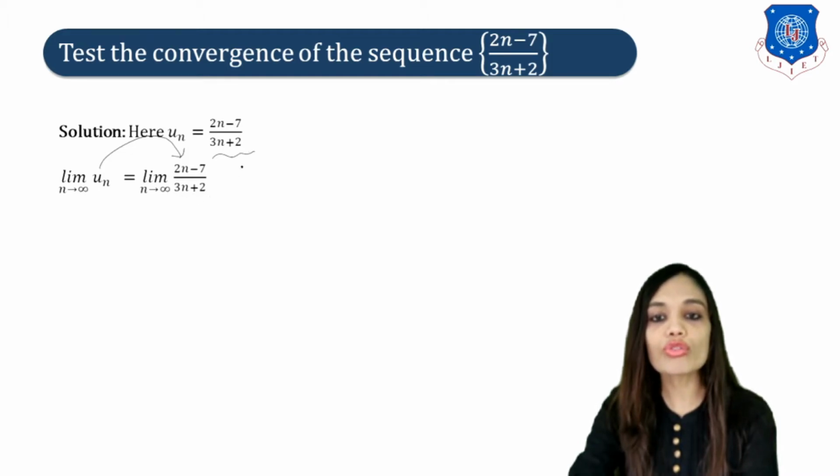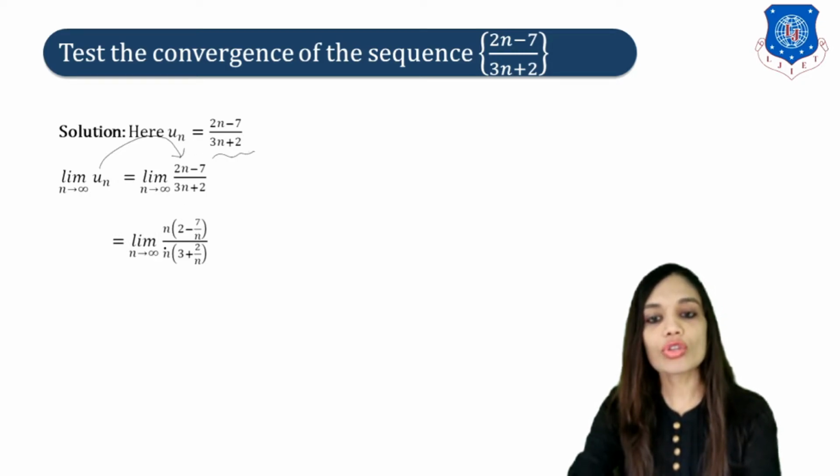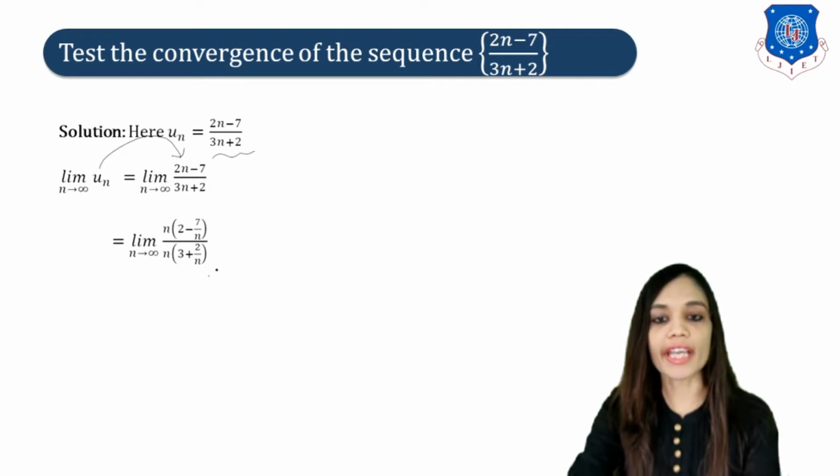Now in order to evaluate the limit, we will take out n common from the numerator and denominator. So you will get n times (2 - 7/n) upon n times (3 + 2/n). So now n and n will get cancelled out. So we will get limit n tends to infinity (2 - 7/n)/(3 + 2/n).